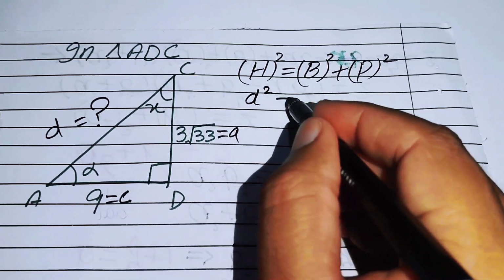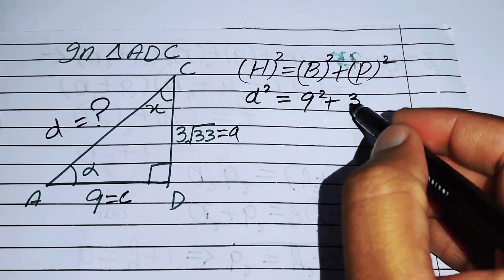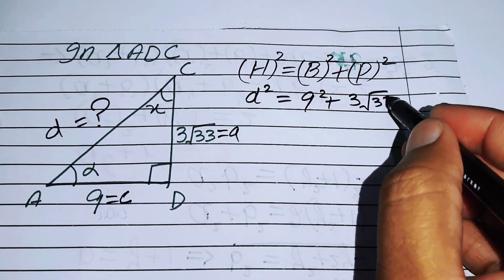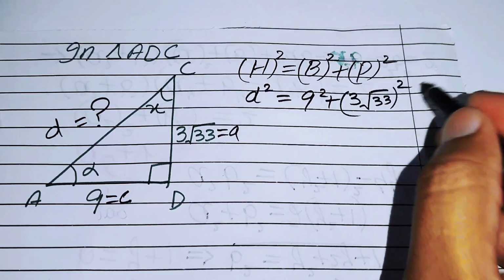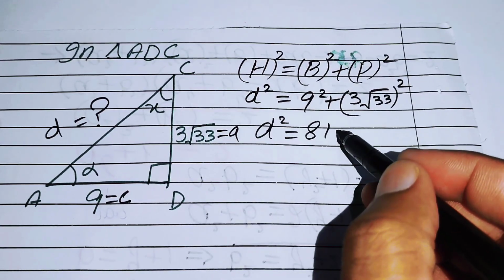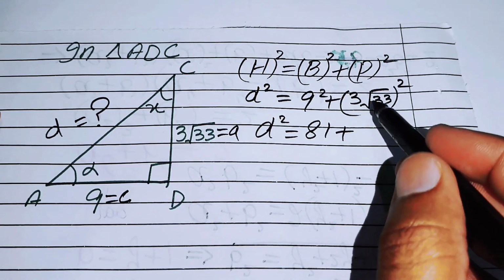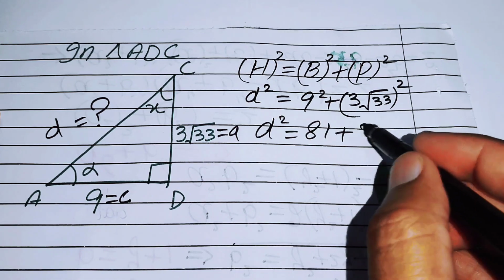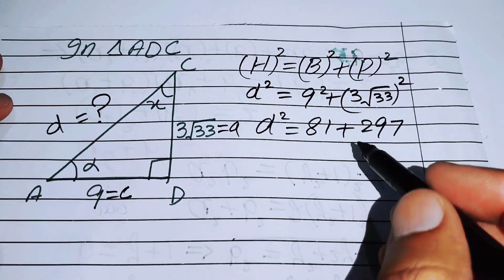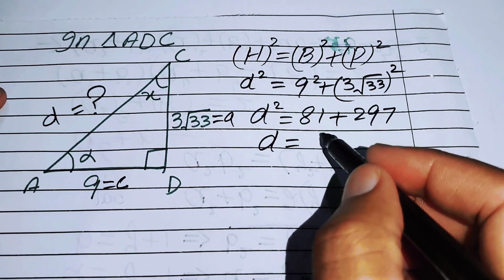So now I can find the value of D, so that our hypotenuse in this triangle is D, so it is D square, and the base is 9 square, and the other side is 3 square root 33, whole square. So D square is equal to 81 plus 297, which is equal to 378.